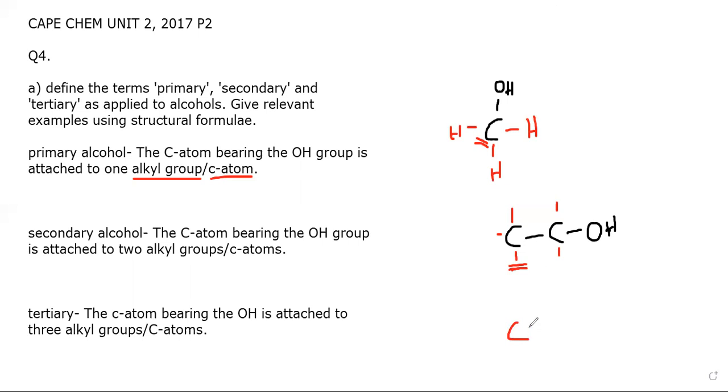1-propanol, the reason being the carbon atom bearing the OH group, this is the carbon atom that is attached to the OH group, must be connected to one carbon atom only.